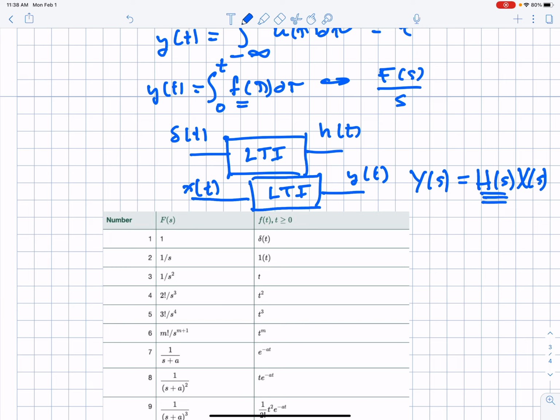Okay, so h of s is called the transfer function of the linear time invariant system, and I've got a whole video that I'm going to give about that particular topic.